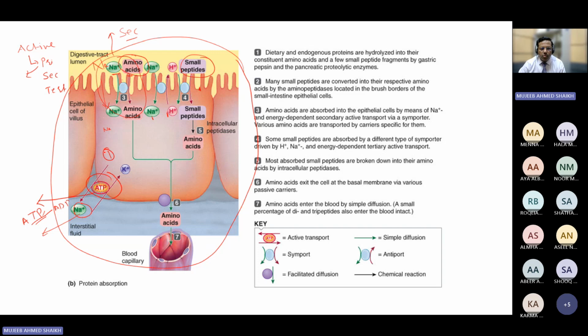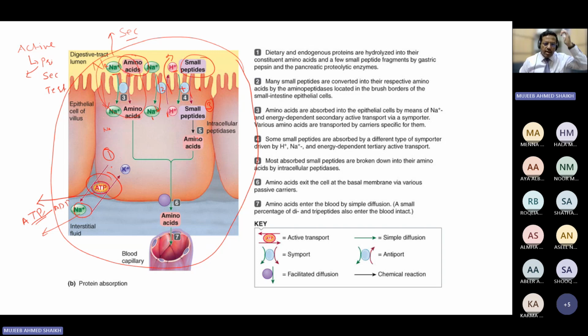This is primary, number one, because of which there is less sodium inside. Number two is where sodium moves in and hydrogen moves out because of less sodium inside. This is called secondary. Now, because hydrogen is out and there is no hydrogen inside, hydrogen can come back in. This pump only functions when hydrogen binds with small peptides, and that's why hydrogen as well as the small peptide will come inside. This is tertiary. First step is this, second step is this, third step is this. That's why it is called tertiary active transport.